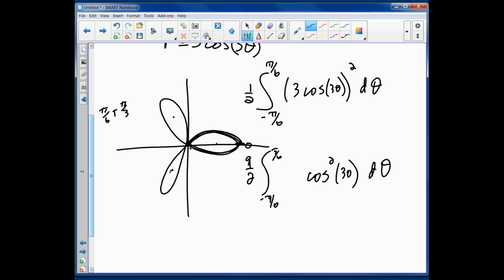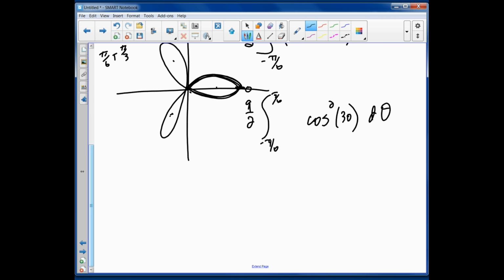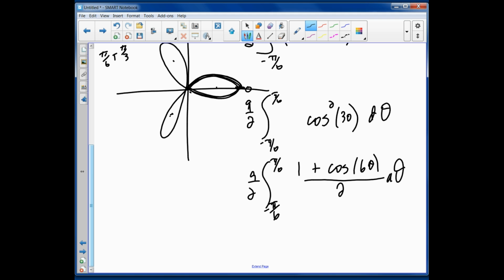So this is 9/2 integral from negative pi over 6 to pi over 6 of 1 plus cosine of 6 theta over 2 d theta. I've lost my place now. I guess move this 2 over, make that a 4.